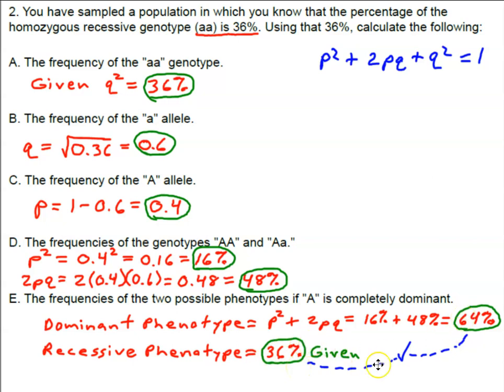You can check that you did this right by adding, because it's all relative, the phenotypic frequency of the dominant trait to the phenotypic frequency of the recessive trait. And if they add up to 100, then you did it right. And it's the same for the genotypic frequencies. If you add up the 3 genotypic frequencies and it adds up to 100, then you also did it right. So it's a way to check your work.